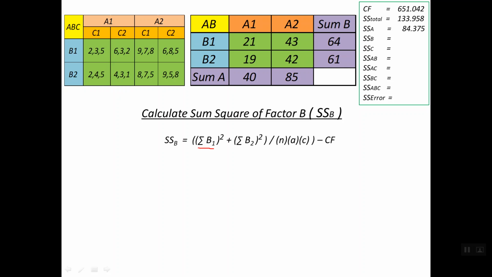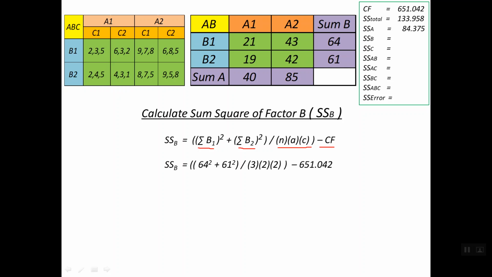So we should have the summation of B1, squared, plus the summation of B2, squared, divided by the number of observations in B1 or B2. In both B1 and B2, they are the same. And finally, minus the correction factor.